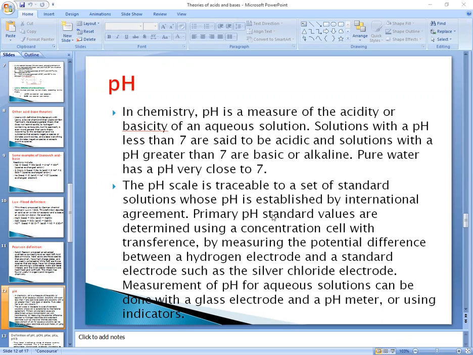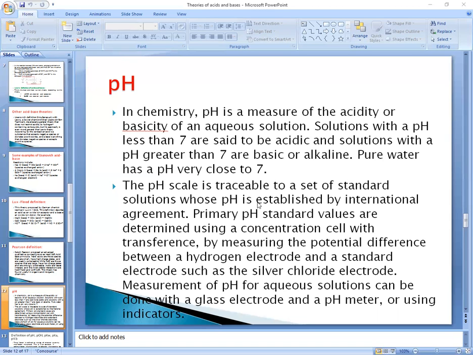Previous theories are Arrhenius theory, Lowry-Bronsted theory, Lux-Flood concepts, and so many other concepts. After discussing the different theories and their examples and their limitations, now I would like to discuss the pH of a solution in few words because it is also a related topic with the acidity or basicity.